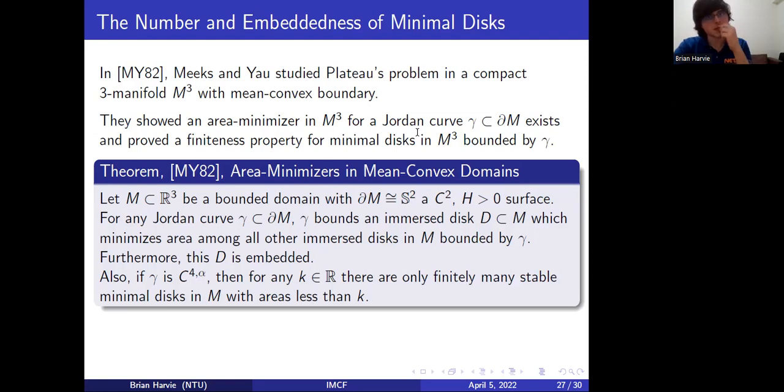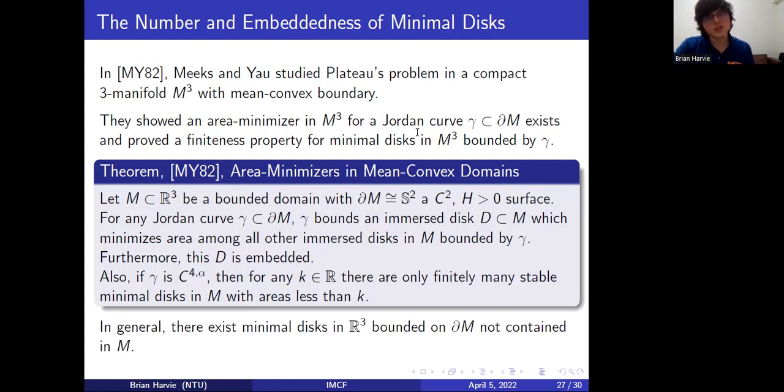Now, these results only apply to surfaces bounded by gamma which are contained within M. So if you picture a mean convex surface in R3, and you picture some Jordan curve on that mean convex surface, in general, the minimal disk of that Jordan curve can stick out of the mean convex surface.